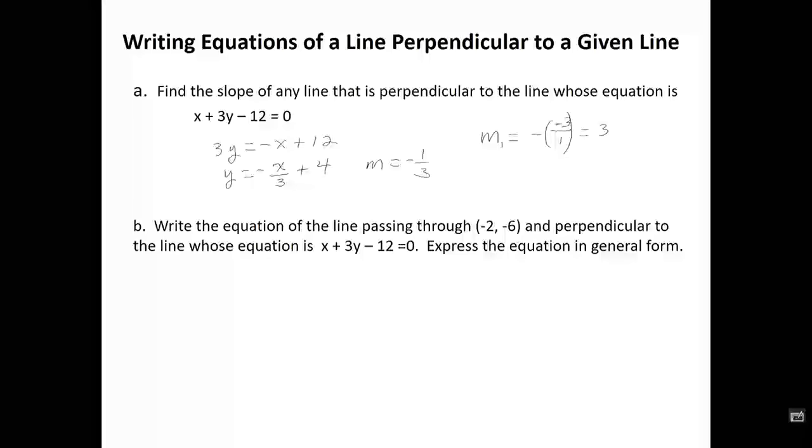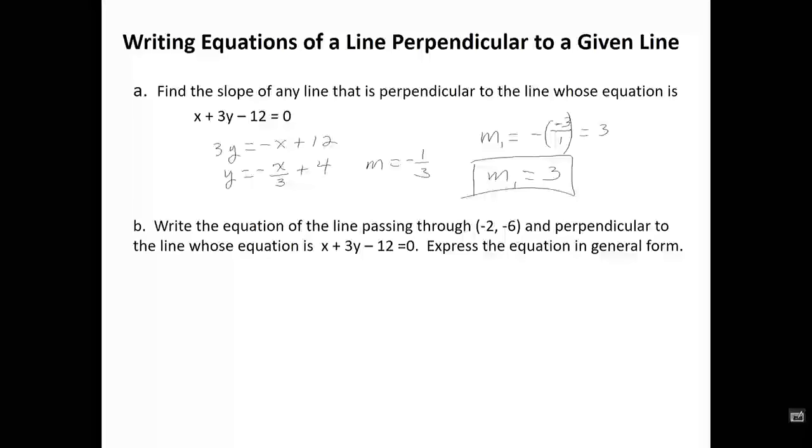So the slope of the line that we want is 3. That's all we wanted to do in this part.